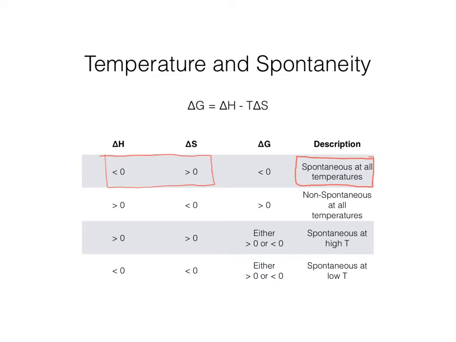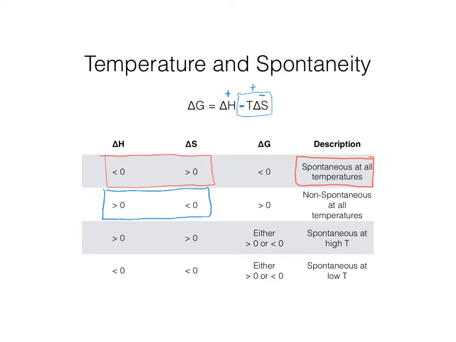Okay, so what if we have an endothermic reaction whose entropy decreases? So that means that delta H is positive and delta S is negative. And so this minus T delta S term is a positive term, because a negative times a negative makes a positive.